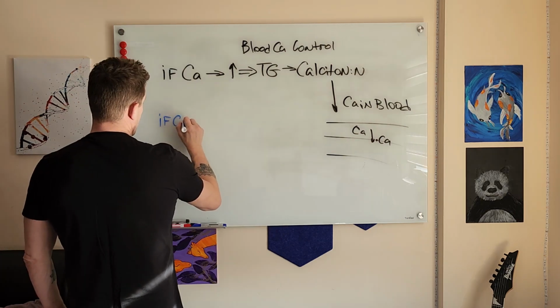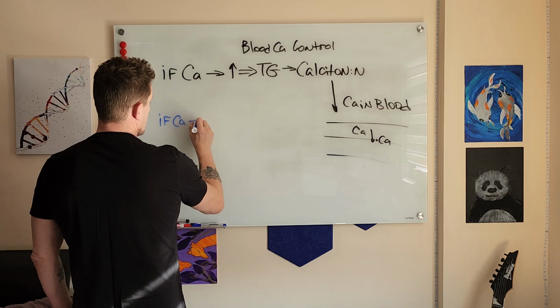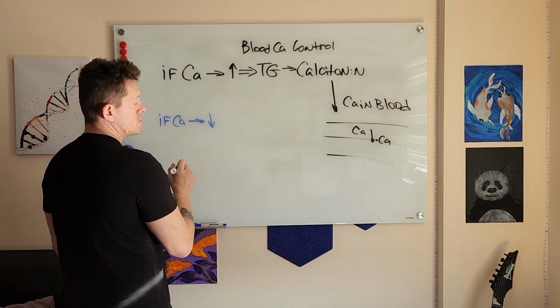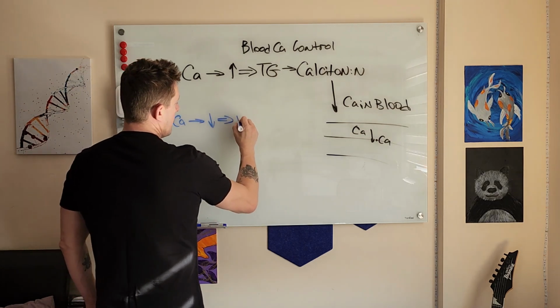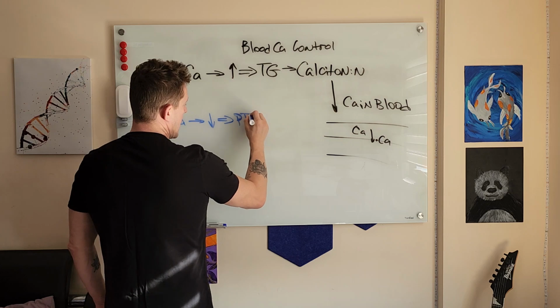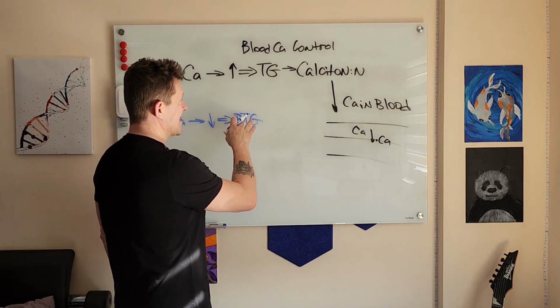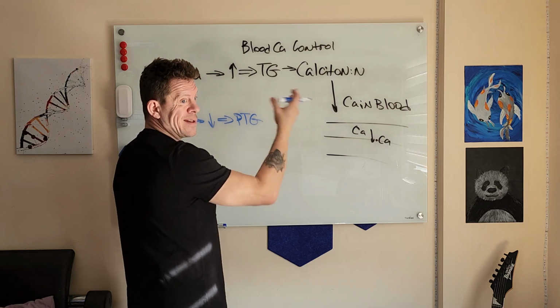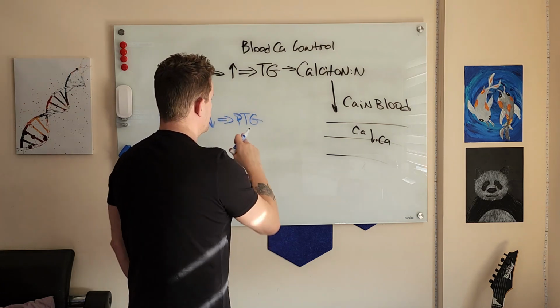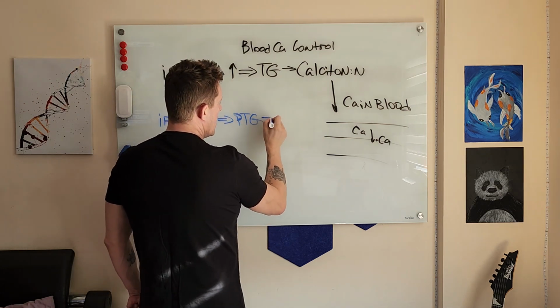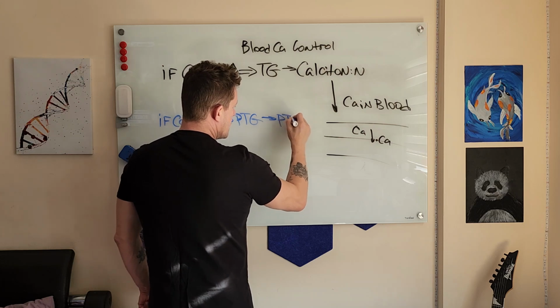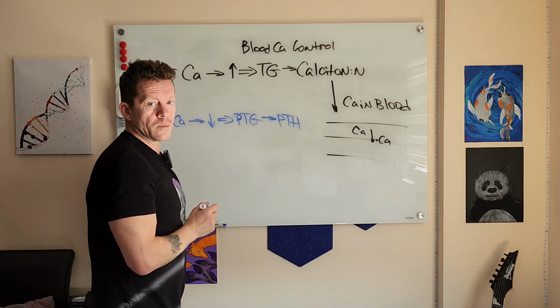If calcium is low, parathyroid gland, within the thyroid gland, right? Parathyroid gland sitting within the thyroid gland at the back, at the posterior side. Parathyroid gland releases parathyroid hormone.